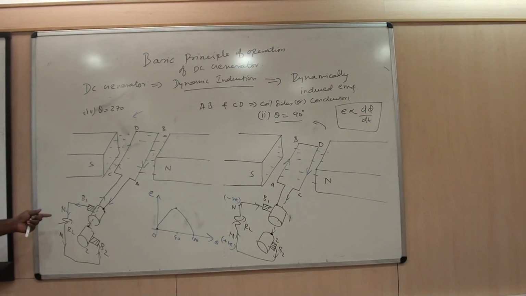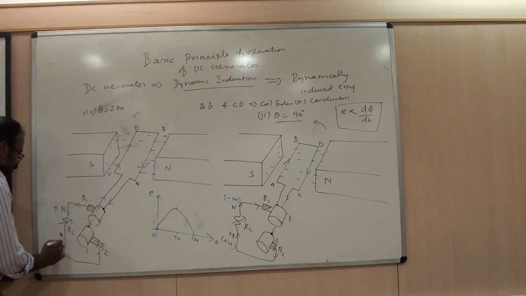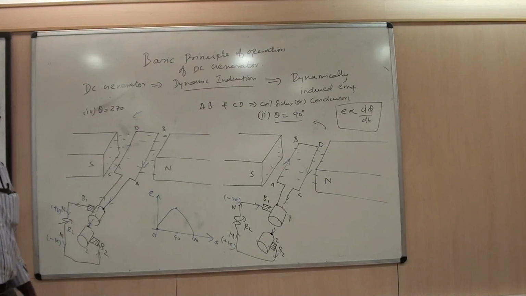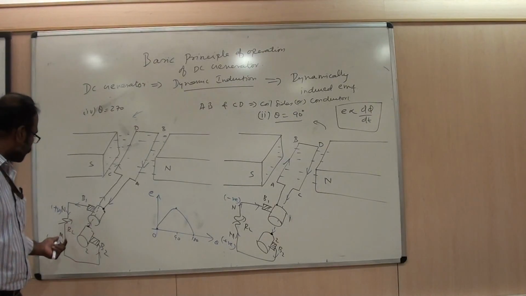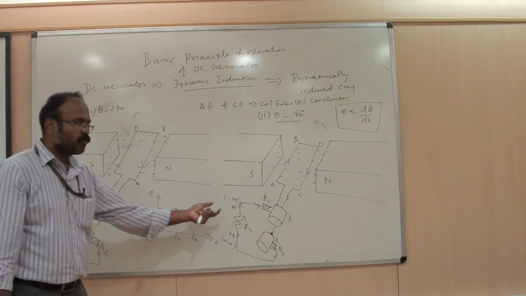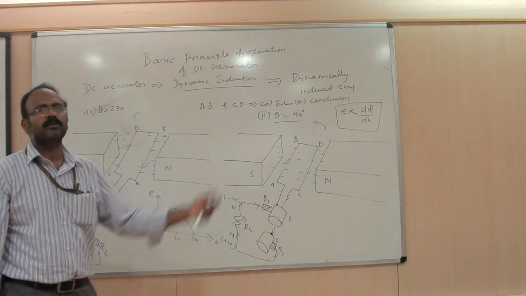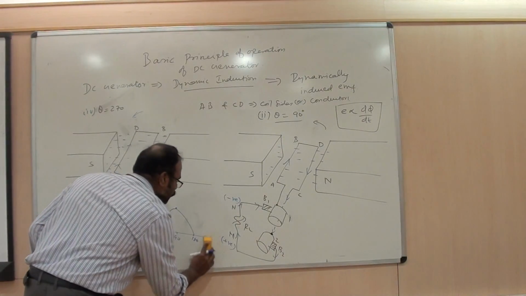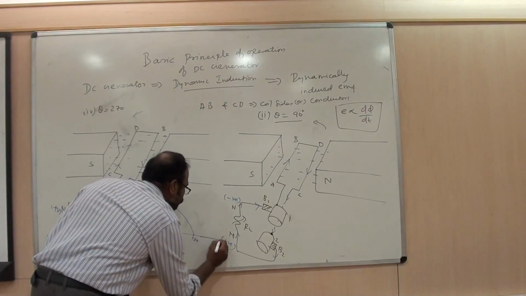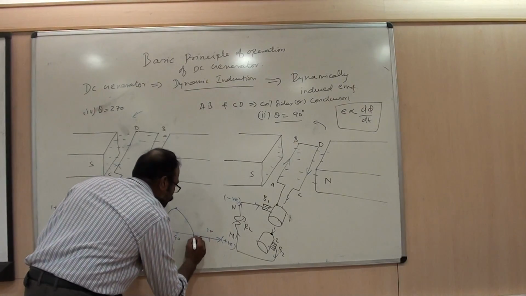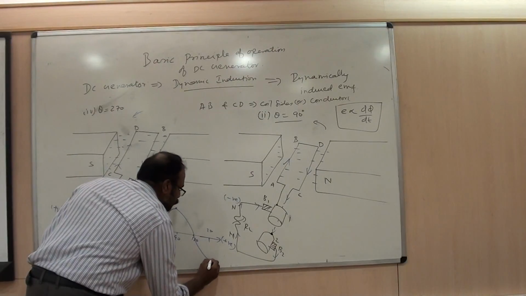Now, the polarity of the external load: terminal N will be positive and M will be negative, which is just opposite to the polarity we obtained when theta equals 90 degrees. So at theta equals 270 degrees, it reaches the negative.